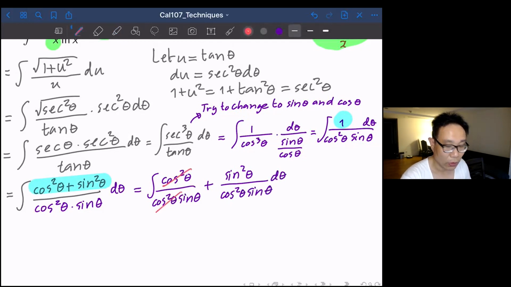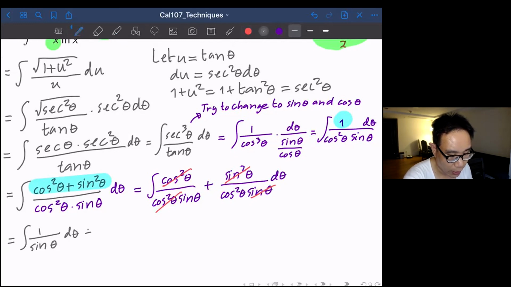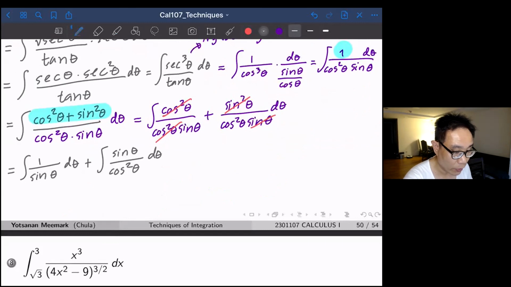The cos cancel each other, and sine and sine cancel, so you get the integral of 1 over sine theta, this is one term, plus the integral of sine over cos squared d theta. The integral of 1 over sine: 1 over sine is cosec.